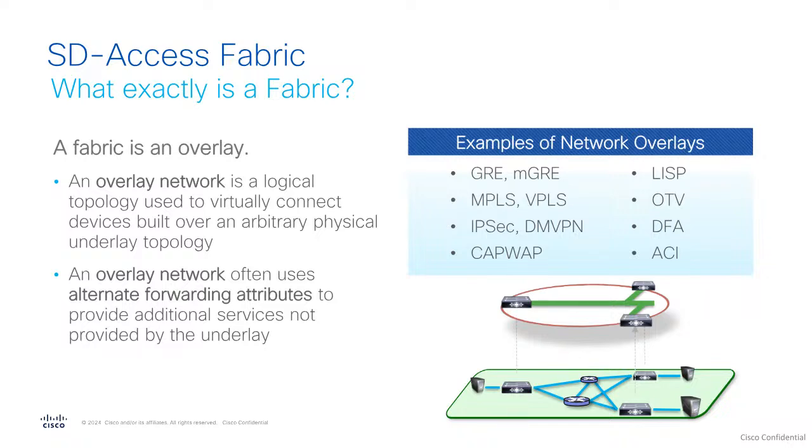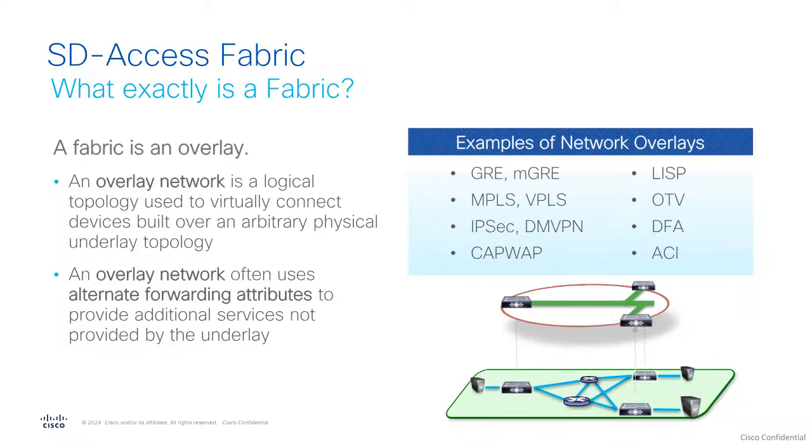Fabric is really an overlay, and an overlay is a logical topology built over the underlying physical network. The overlay concept is not really new. It has been in practice for a very long time. A few well-known overlay networks are CAPWAP in wireless, GRE, MPLS, IPsec, etc., which are well known to everyone.